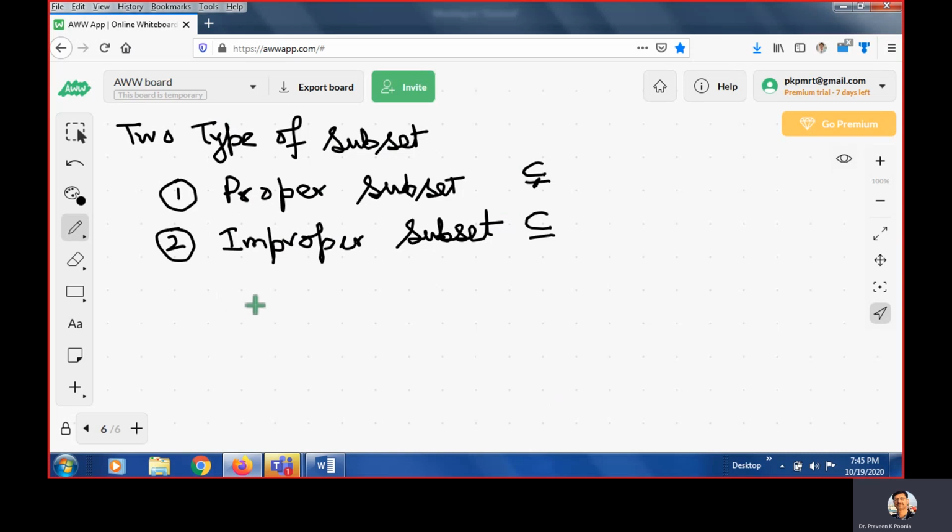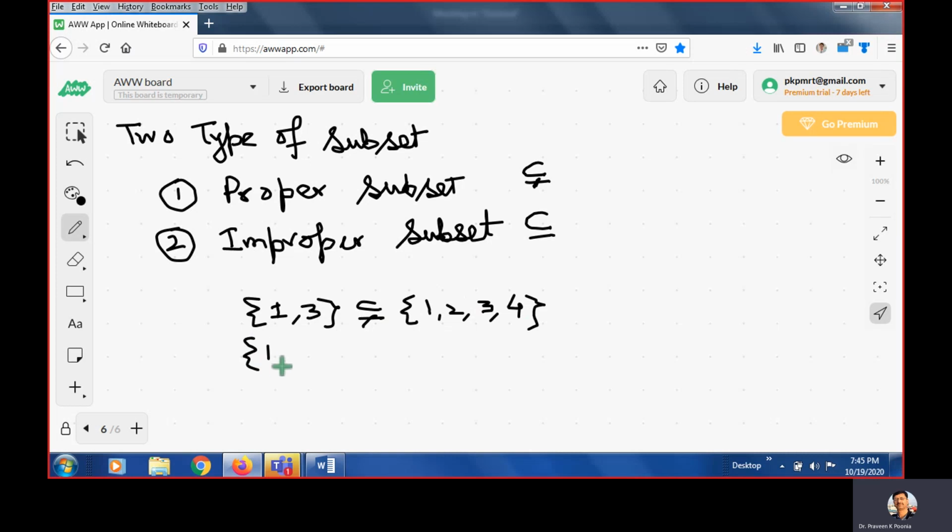Clear? For example, if I write {1, 3} is a proper subset of {1, 2, 3, 4}. Why proper? Because it has fewer elements, so it is unequal. They are not the same. Here only 2 objects, here we have 4 objects.